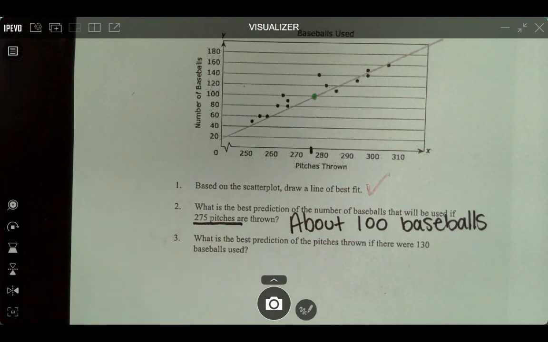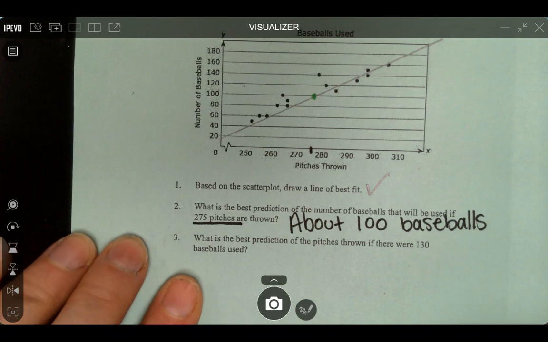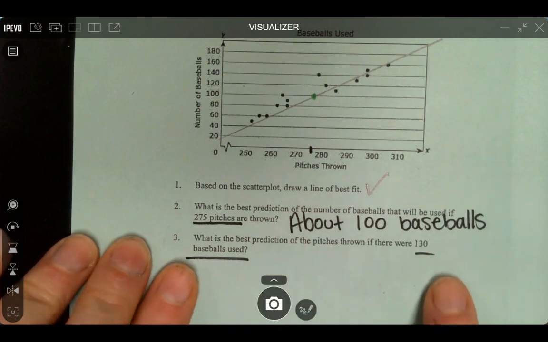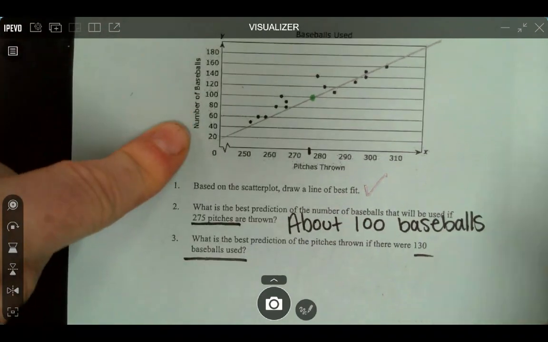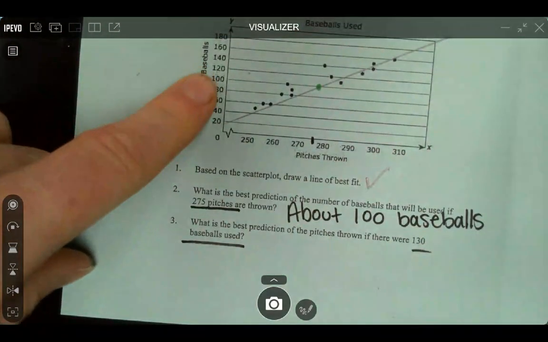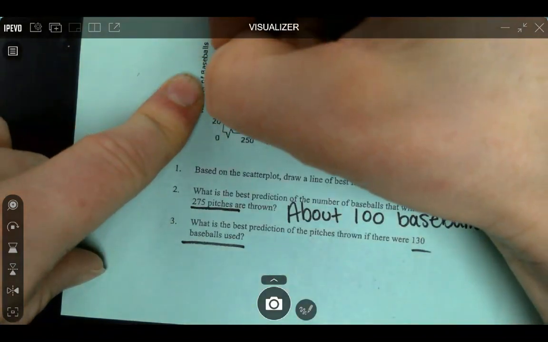What is the best prediction of the pitches thrown if there were 130 baseballs used? So we're going to the number of baseballs now, so we go to the y-axis and search for 130. That'd be between 120 and 140, right there.